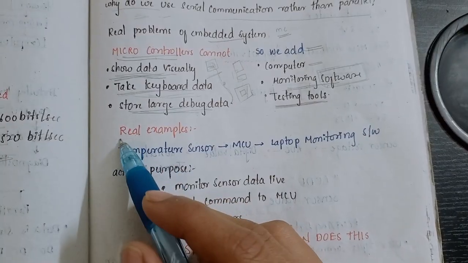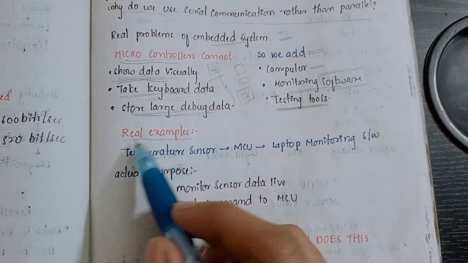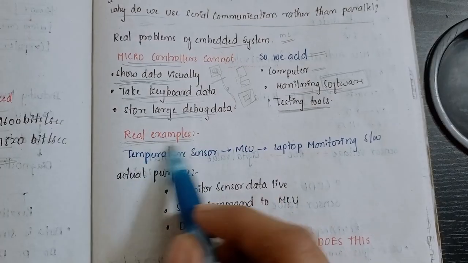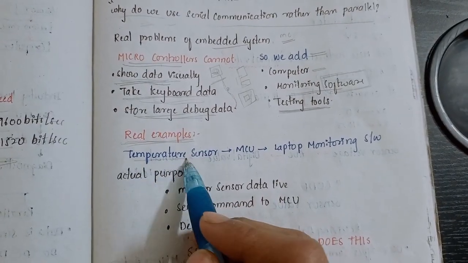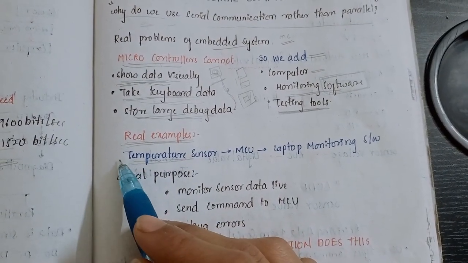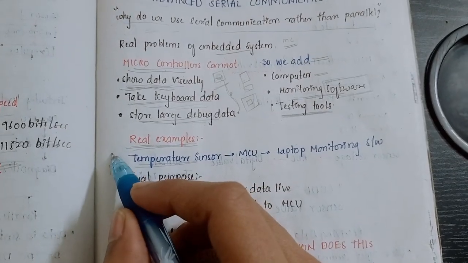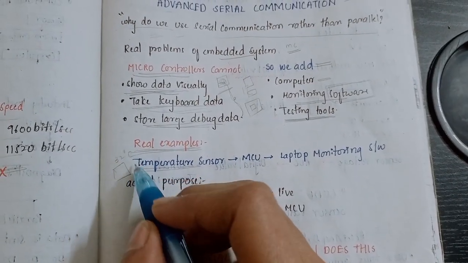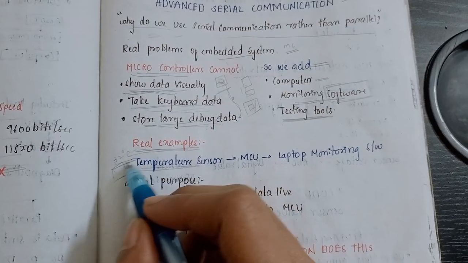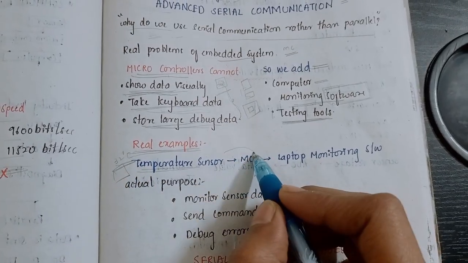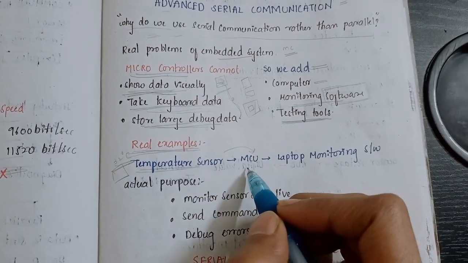Let us get it through a real example. Assume a temperature sensor. It detects temperature. Assume a room where the temperature is 32 degrees Celsius. This temperature would be sent to the microcontroller.